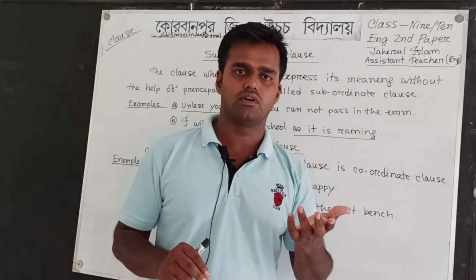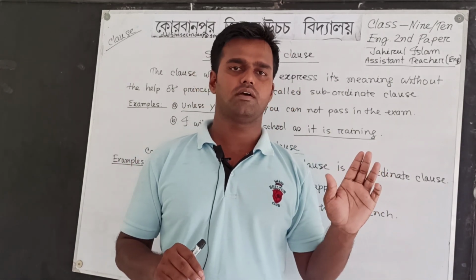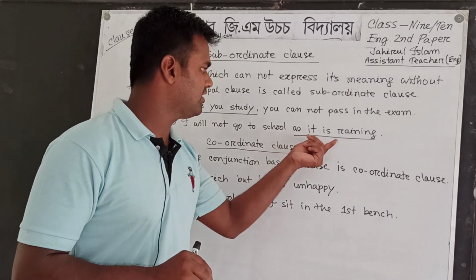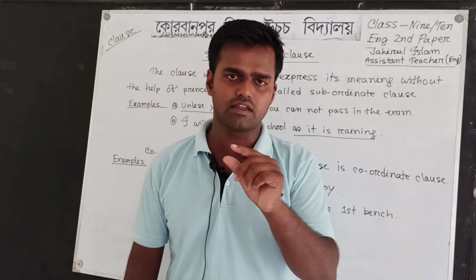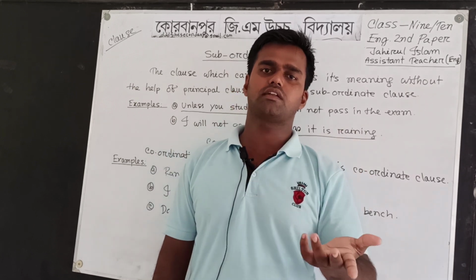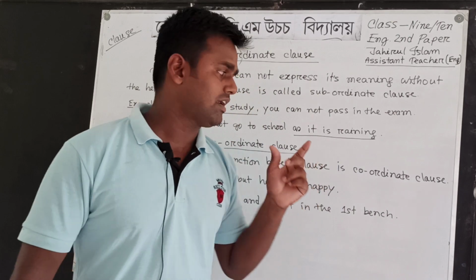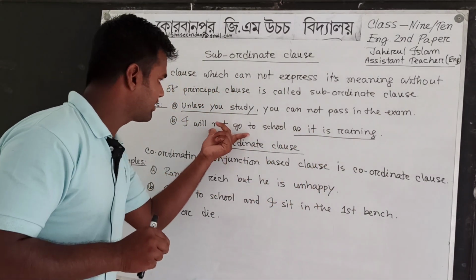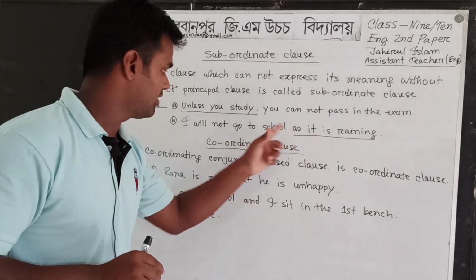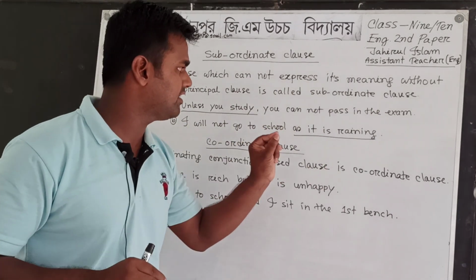I will not go to school. The sentence expresses its full meaning. But "as it is raining," if you say only this single clause, it does not express its full meaning. It expresses its full meaning when you add the previous part. Look, I will not go to school as it is raining.